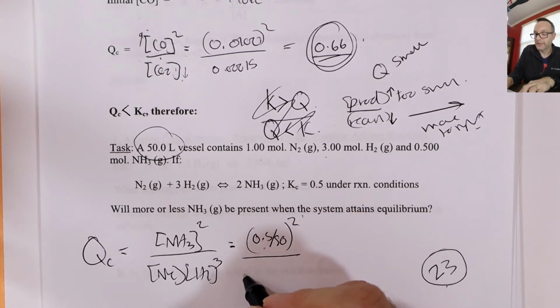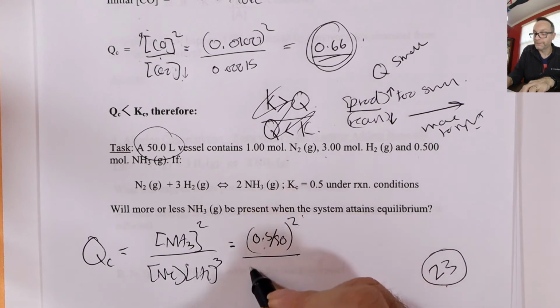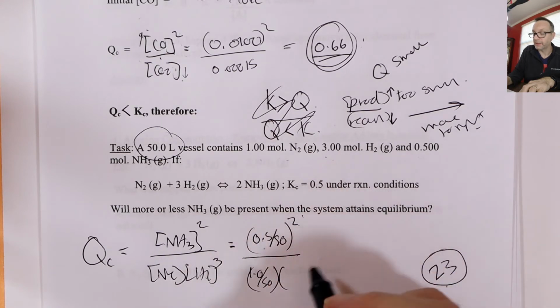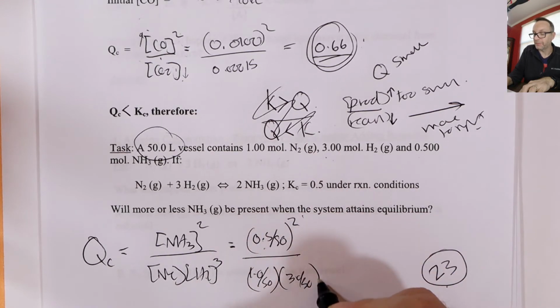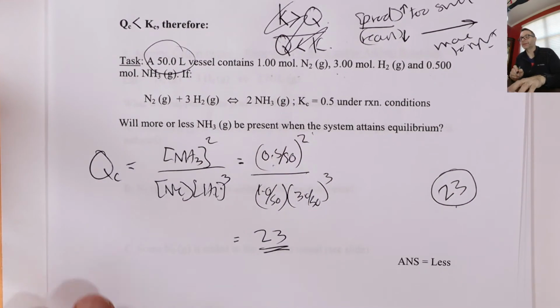Square it. N2, 1 over 50. And then H2, 3 over 50, but cubed. And that equals 23. When you work it out, that equals 23.